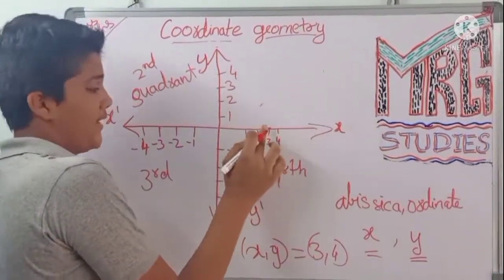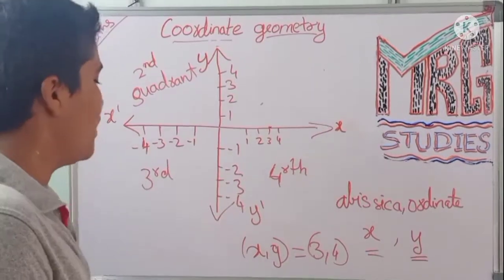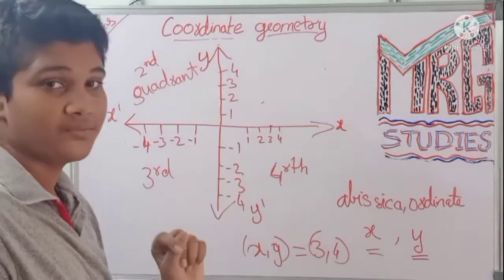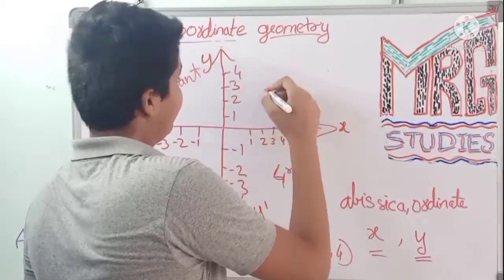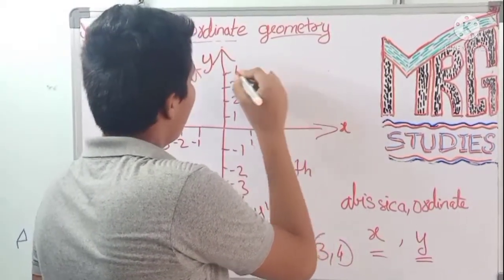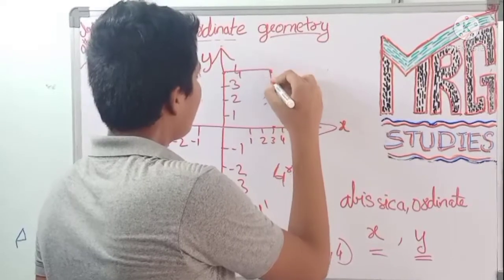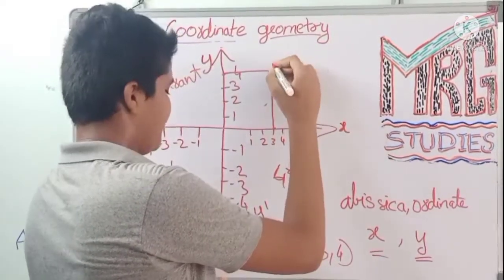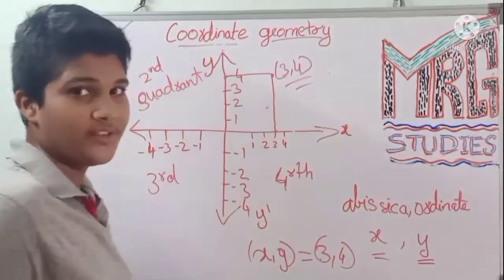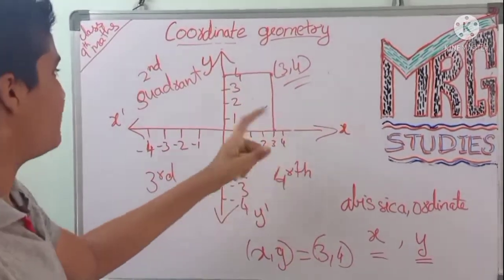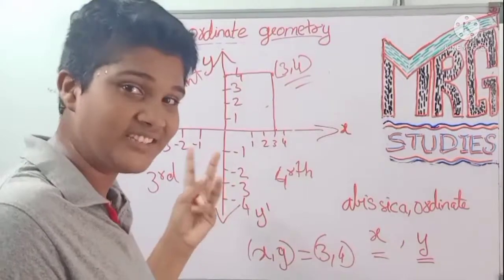We have found it. Now where is 4 in the y-axis? Plus 4 here. Now let's join it. So the coordinate of 3 and 4 is (3, 4) on the x and y axes.